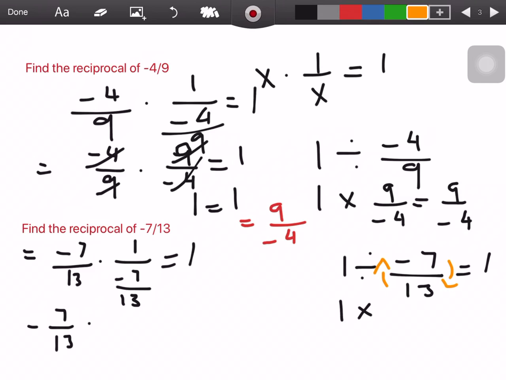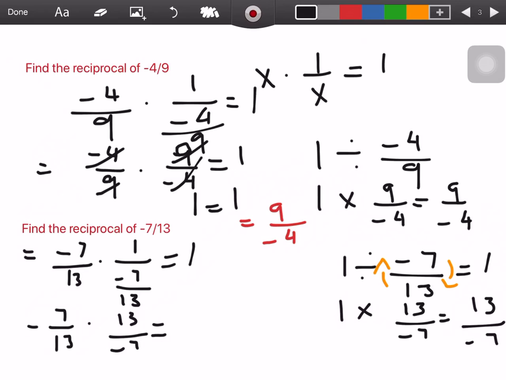As a result, you get yourself 13 over negative 7.